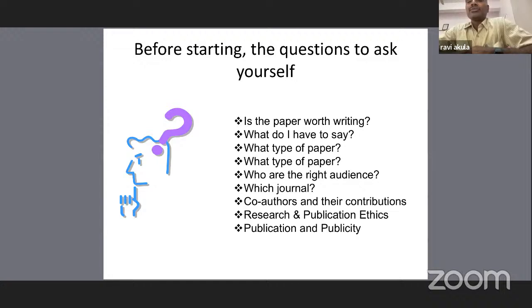There are certain points to be scored by the teacher, called the API score, Academic Performance Indicator score, where each publication counts. Let us take, for example, 10 marks are awarded for a UGC CARE listed journal or peer reviewed journal publication.